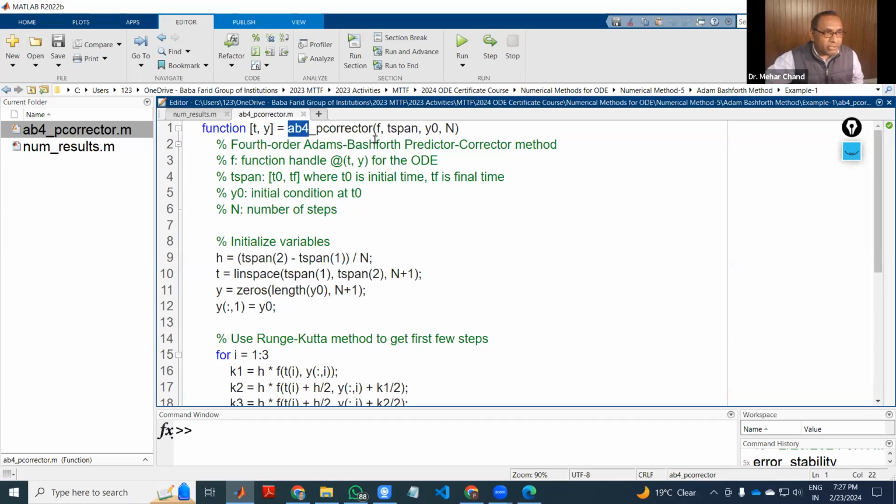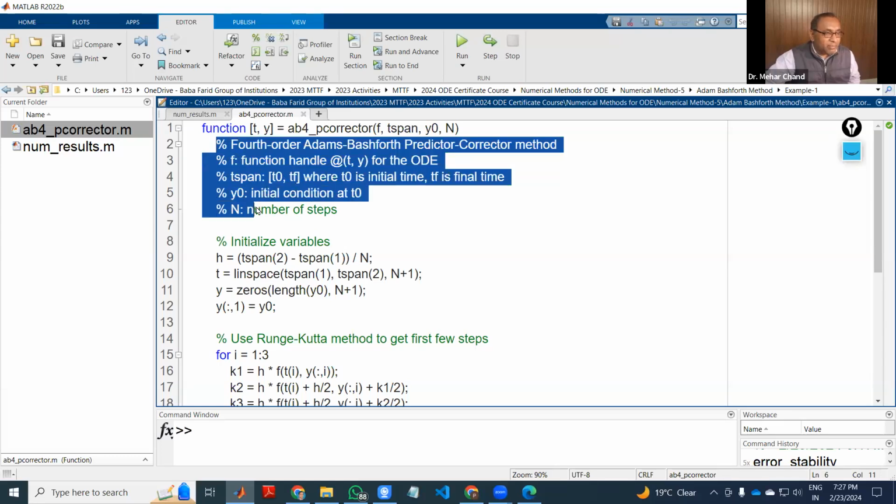These will be the input arguments: f will be the differential equation, tspan will be the interval for time, y0 is the initial condition for y, and n will be the number of steps. These input arguments are required, and a little description of them has been put at this place.